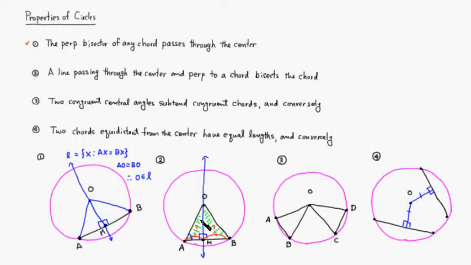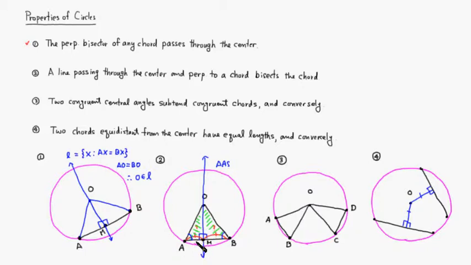Since OA and OB are congruent, we have an isosceles triangle. So these two angles are congruent because they are base angles of an isosceles triangle. So we can do angle, angle, then side, because those are radii. So we can do angle, angle, side to establish the congruence between these two.